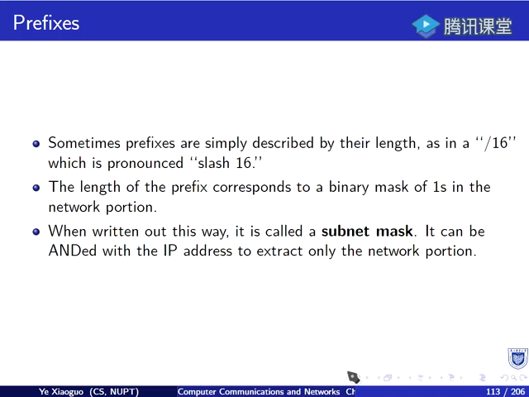Sometimes prefixes are simply described by their length, as in this form, /16. The length of the prefix corresponds to a binary mask of ones in the network portion. When written out this way, it is called a subnet mask or net mask.